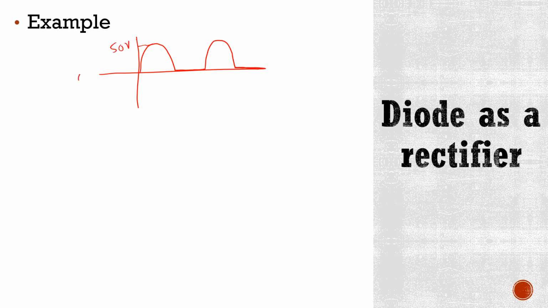Now, look at this example. If you have an output waveform like this, where this peak is 50 volts and this is 0 volts, then what is the average value of this half wave rectified voltage? We know that the formula of average value is Vp divided by pi. Here Vp is 50 volts.